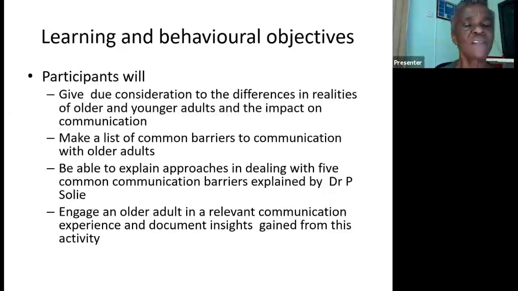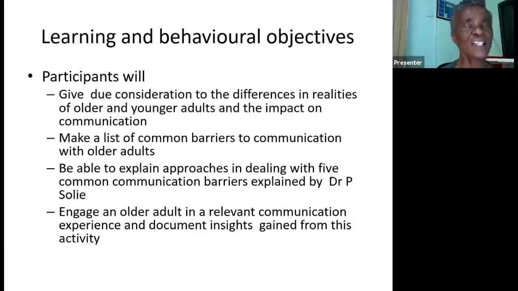I want you to make a list of some common barriers to communication that you experience with older persons, and be able to explain some approaches you can use in dealing with some common communication barriers, as explained by Dr. P. Soley, someone that I am drawing on his experience to communicate some of the issues that may be important.